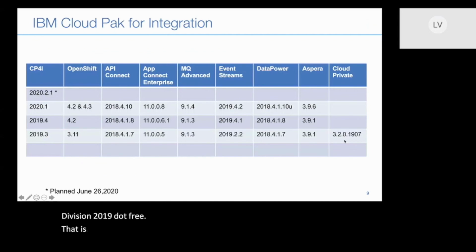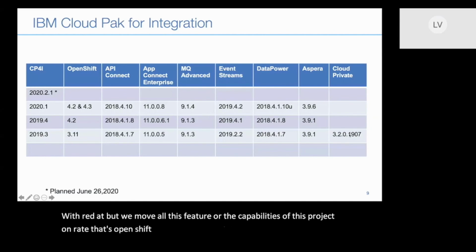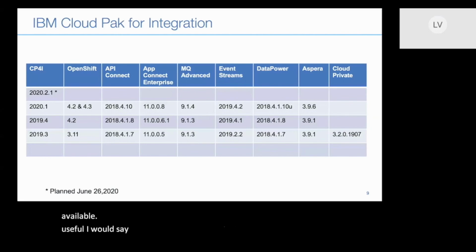We used to have this IBM Cloud Pak with Cloud Private, but we moved all the capabilities of Cloud Private to Red Hat OpenShift now. That's why Cloud Private is no longer useful, I would say, for the latest release of Cloud Pak for Integration.